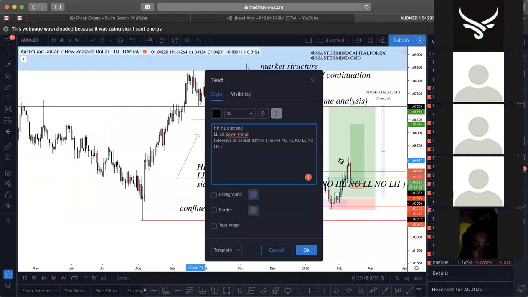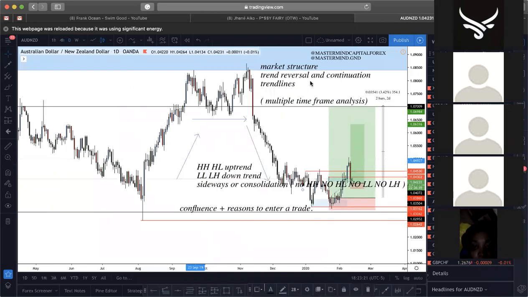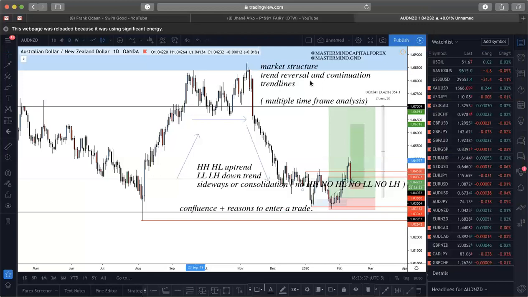So now that we have this information, and we know what is a trend, we know it's an uptrend, we know it's a downtrend, we know it's a sideways trend, you being able to identify the trend is one thing, right? The next is being able to know when to take advantage of the trend. How do you take advantage of the trend?